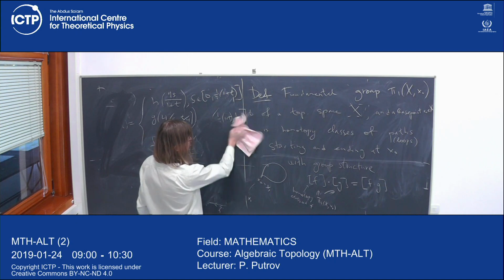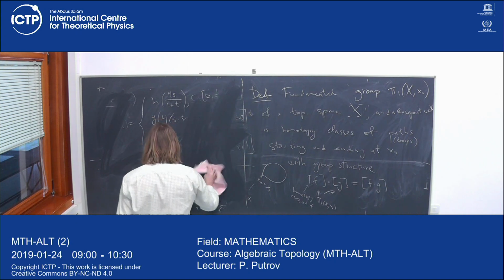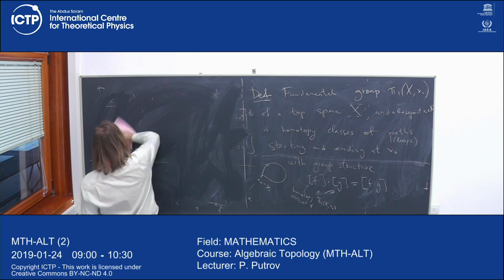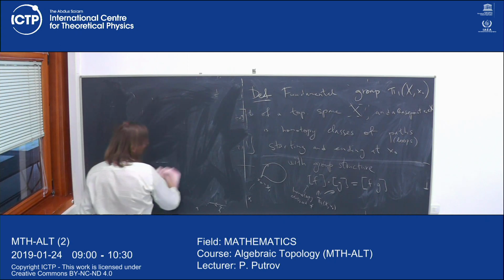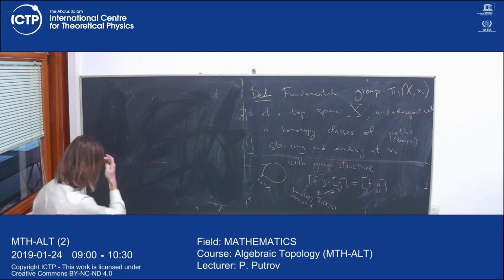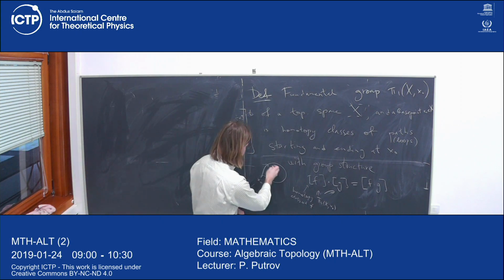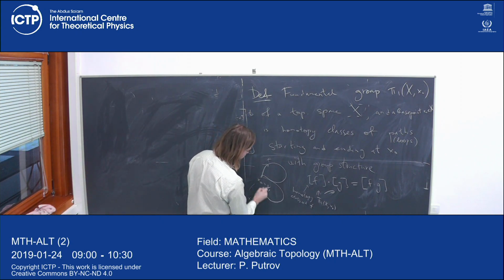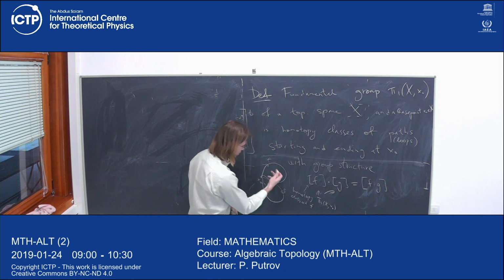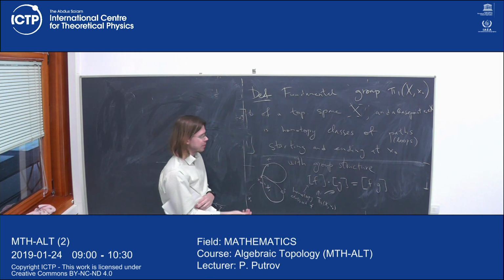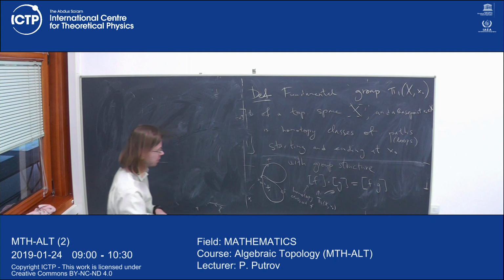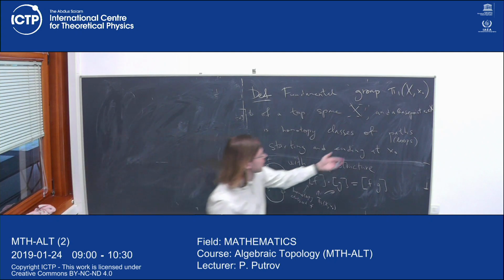We just want to refer to the letters. That's why we need this proposition. So if we have a path starting and ending at x0, and another path starting and ending at the same point, the result of the composition will also have the same start and end point. So it's all loops with the same base point.